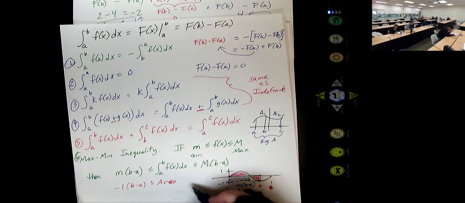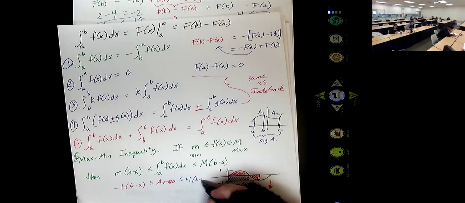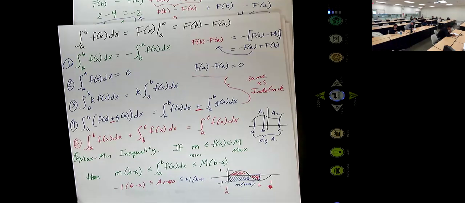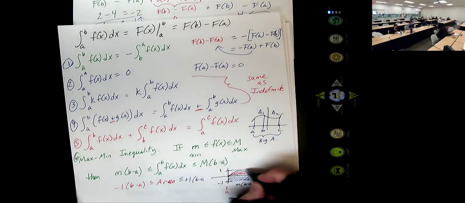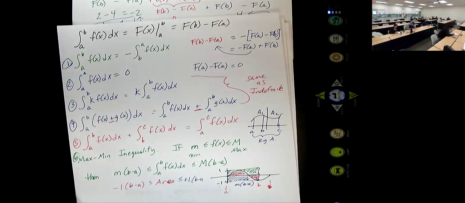And my big M is +1, so M times b minus a is like saying this area is less than if we had the whole positive region. It just gives us a cap, so we know that we actually have an area and it's not infinity.